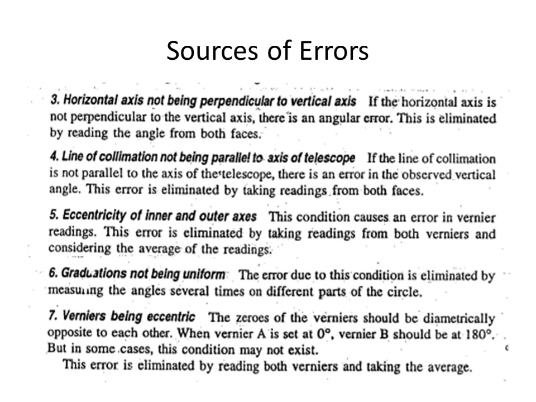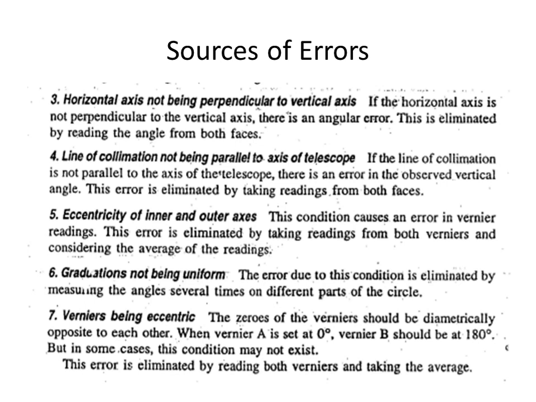Similarly, another source of error is line of collimation not being parallel to the axis of the telescope. In this case, there is an error in the observed vertical angle. This error is eliminated by taking readings from both faces. Similarly, another source of error is eccentricity of inner and outer axis.